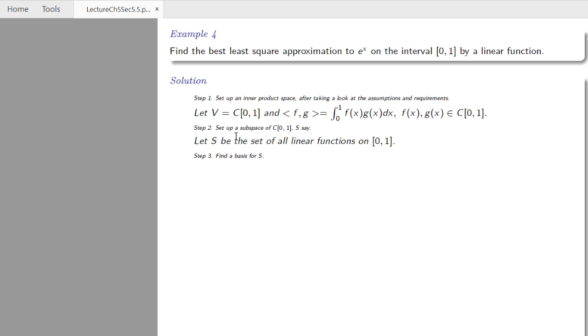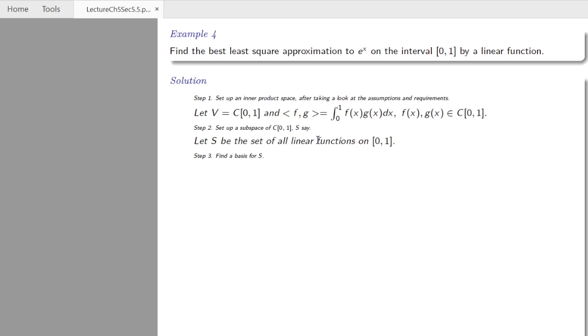Then, for this, we need to find a base. Because S is the set of all linear functions, we can easily find a base for all linear functions.